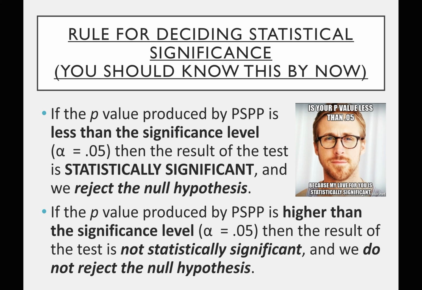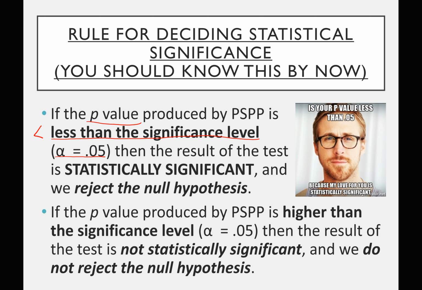If the p-value that's produced by PSPP or Excel or SPSS or whatever, if you're doing it by hand, is less than our significance level, which is usually alpha of 0.05, then we would say that the result of the test is statistically significant, and we would reject the null hypothesis.